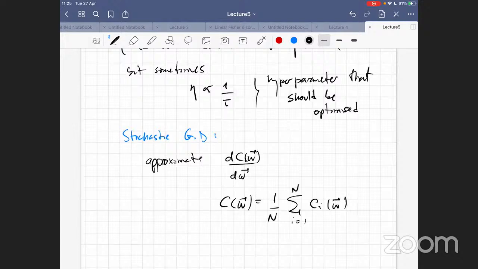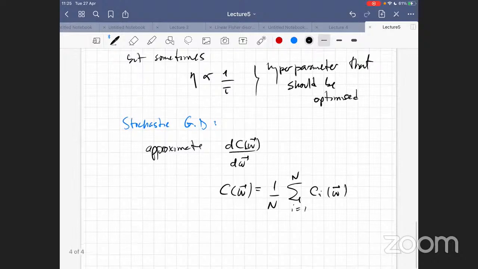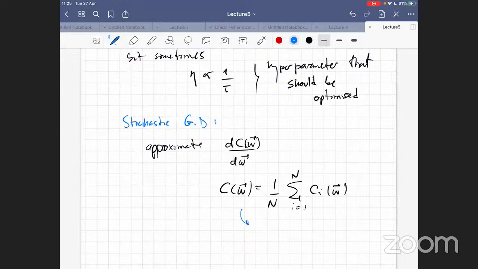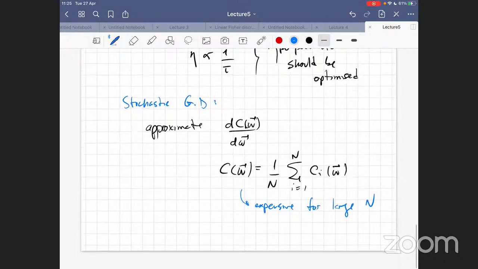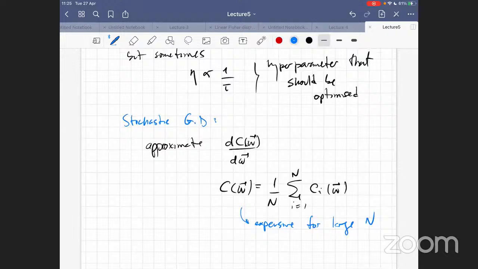The cross entropy, for example, is just a sum over all the points in your training data set. And so this thing is expensive for a large data set. You may have a million points, let's say, in big data applications, and this may be a problem, right?